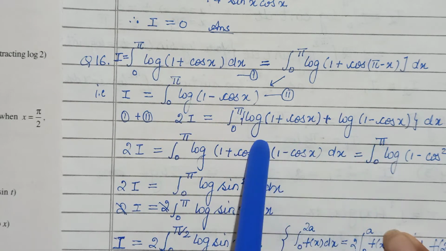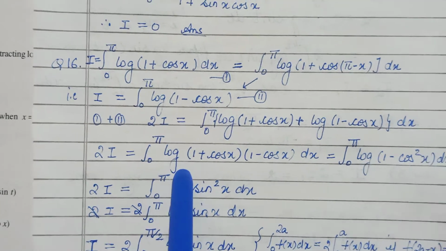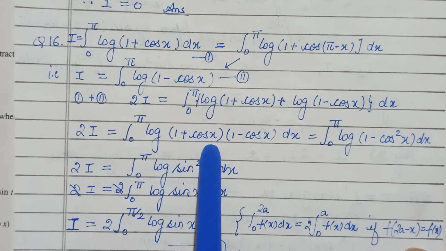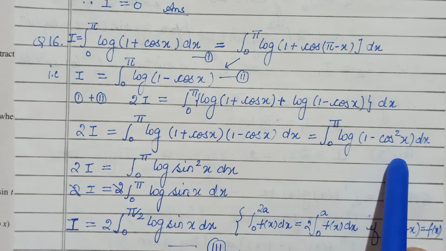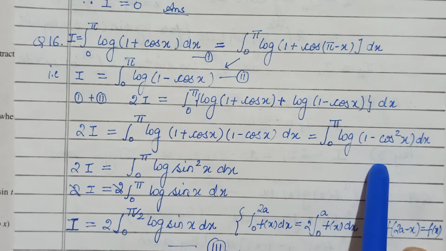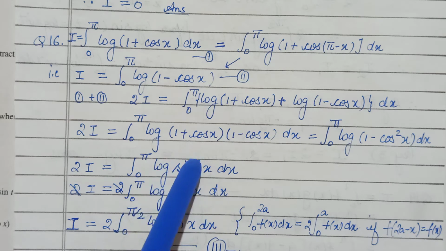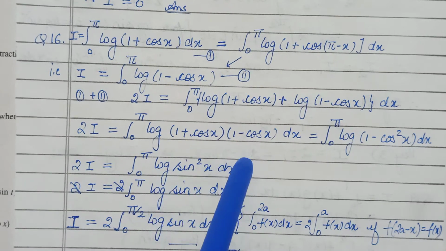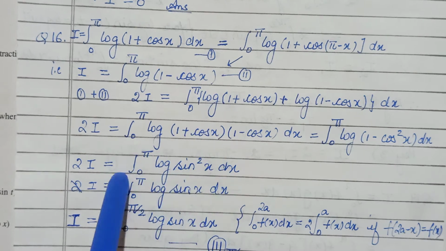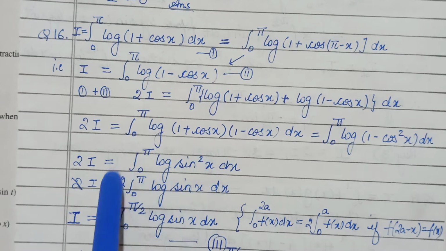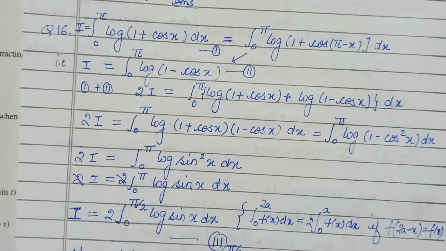Now this a plus b, a minus b form becomes a squared minus b squared, so it is becoming 1 minus cos squared x. By identity, 1 minus cos squared x is sin squared x. Again by log property, sin x whole squared, the 2 comes in front as a constant, since log of x to the power of n becomes n log x. So this 2 has come here in front, and the integral of log of only sin x dx remains.